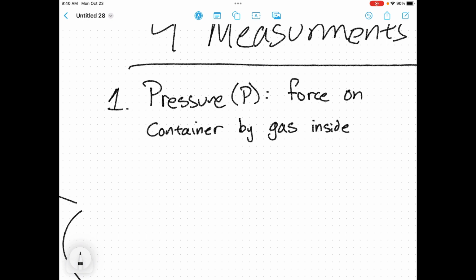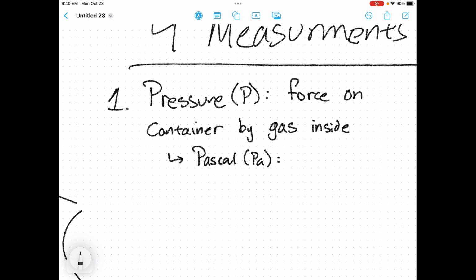Usually the unit of measurement we use for pressure is going to be Pascal, which is Pa. Essentially, Pascal is how much pressure is exerted: 1 Newton of force over a meter squared, something like that.